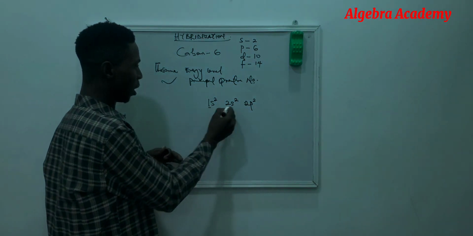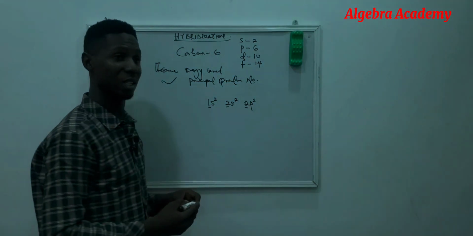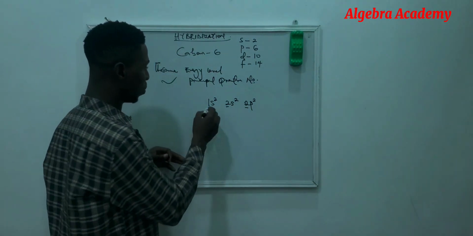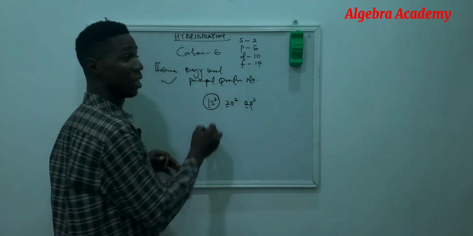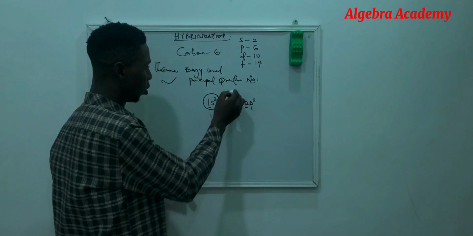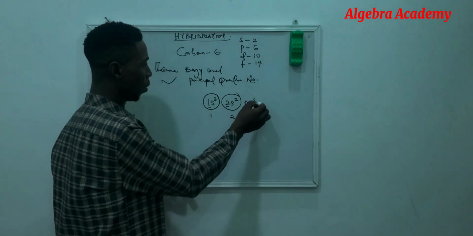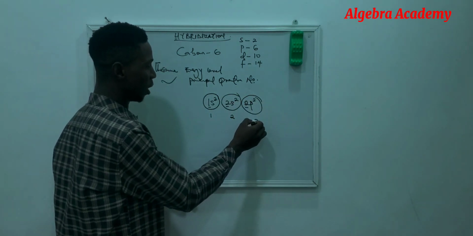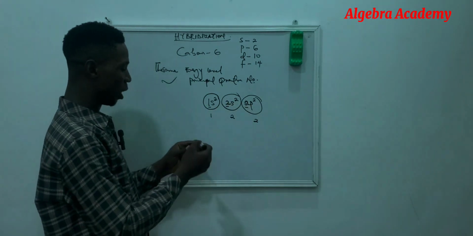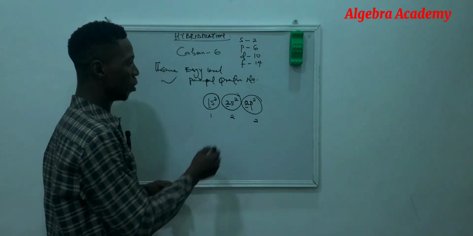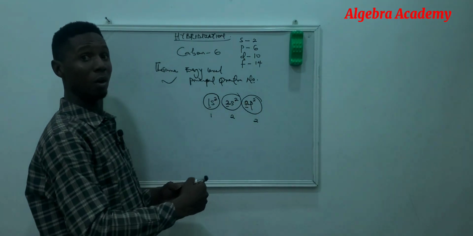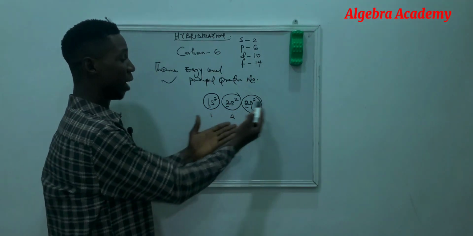The numbers that are coefficients of these letters are what we refer to as the principal quantum number. So this first one is in energy level 1. The second is at energy level 2, while the third is also at energy level 2, because they both contain 2. That means in the carbon atom, hybridization can only occur between 2s2 and 2p2. 1s2 is at a lower energy level, so it cannot be hybridized with the others.